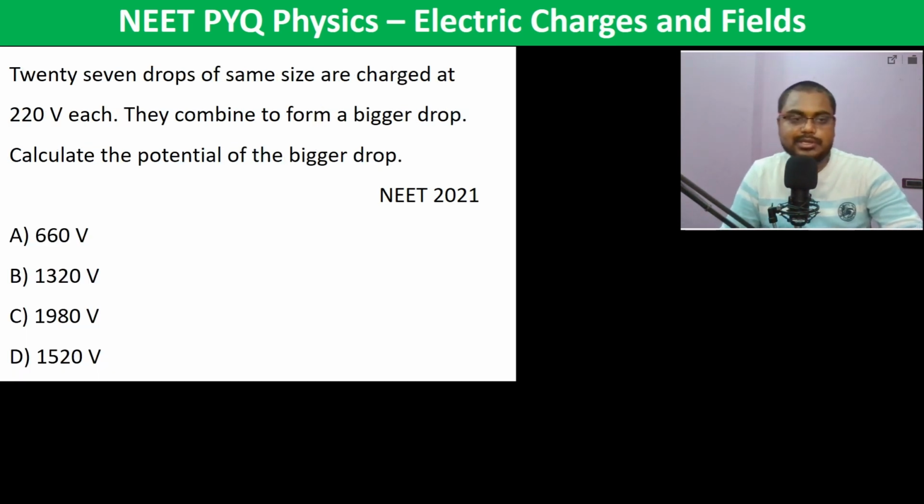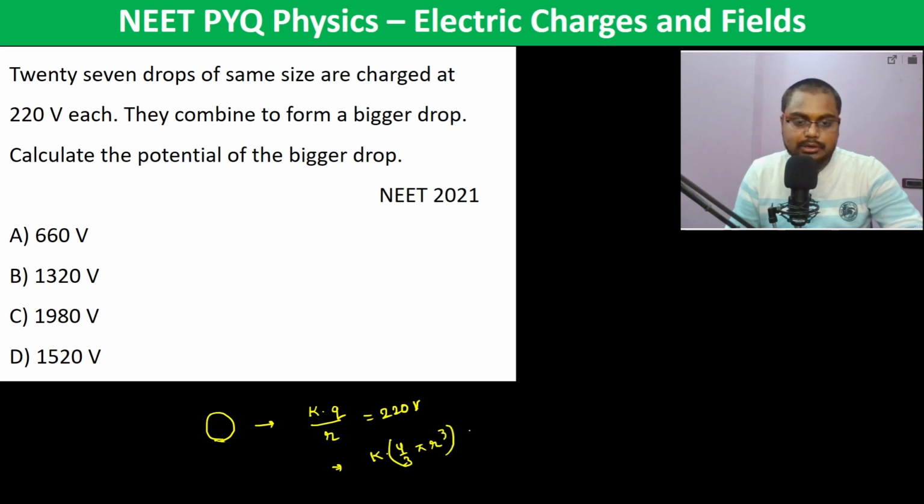27 drops of same size are charged at 220 volt each. So if you see one, we can tell that kq by r is equal to 220 volts. Okay, so now if you see the charge density, it's k into 4 by 3 pi r cube into sigma by r.